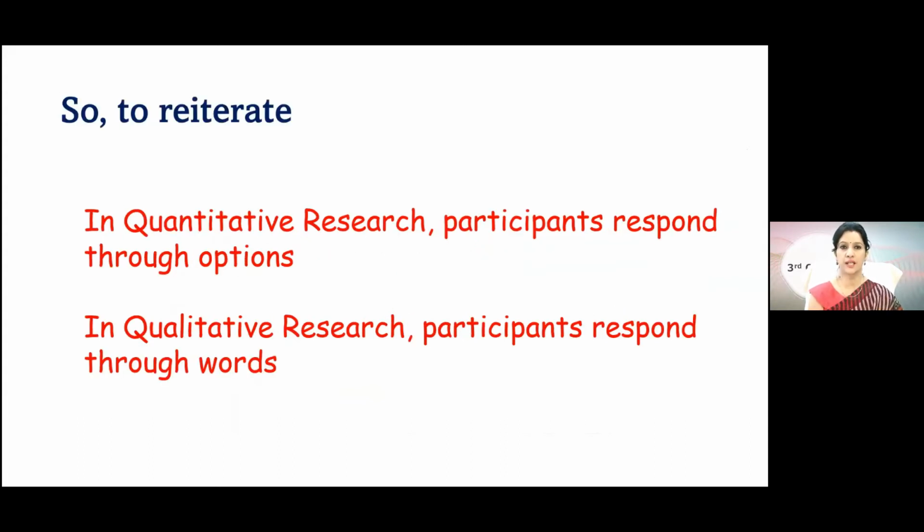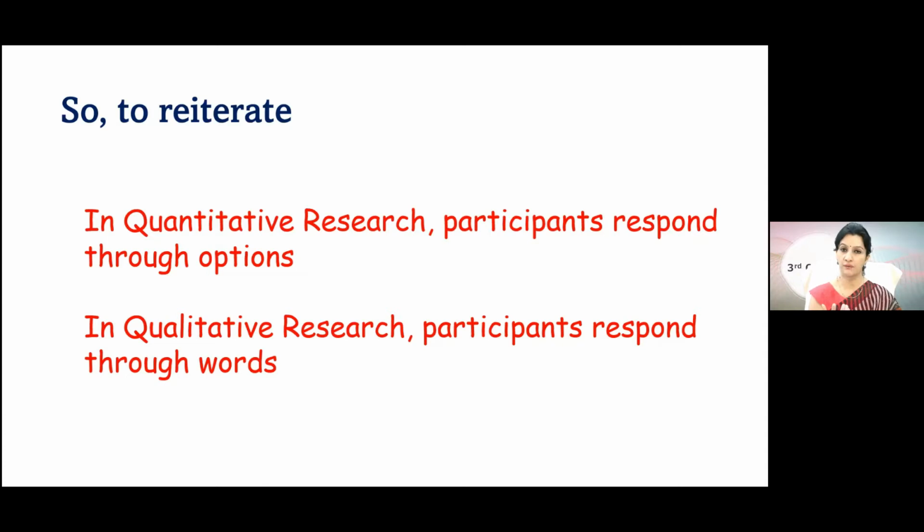So just to reiterate, in quantitative research, participants respond through options, because there is a questionnaire, and with most of the questions, the responses are limited, like 4 responses, 5 responses, or a Likert scale response. But in qualitative research, participants respond through words. And we saw yesterday the power of words.